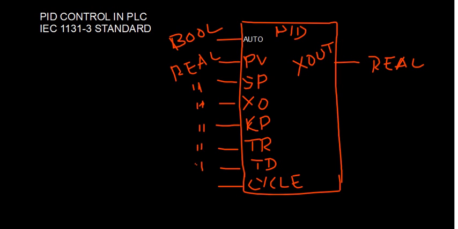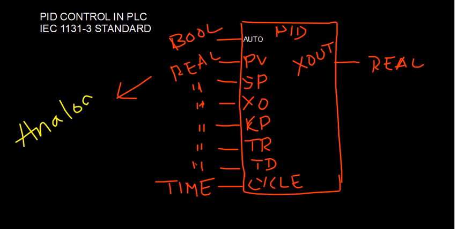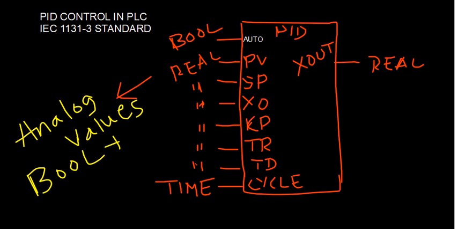So this real or analog values, Boolean, this SP stands for set point, process variable PV.